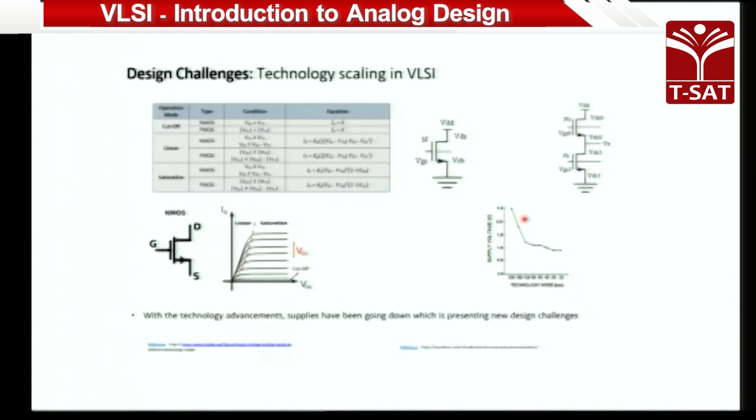Now, again, some design challenges are related to operating point: saturation, linear, and then cutoff. These are all basics, and we need to make sure that these ideas are in our veins. It should flow in our veins, right. We will be dealing with this every day, in and out.